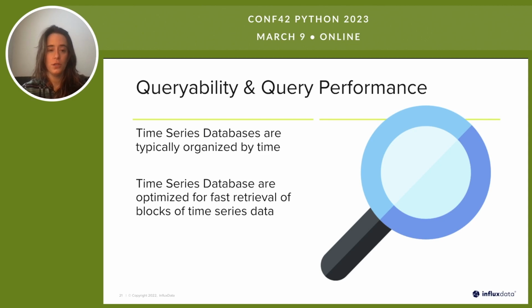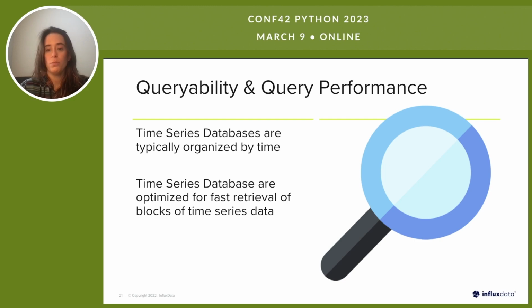So we also need to be able to prioritize queryability and query performance. Time series databases are typically organized by time. And when you query for data, you are typically interested in querying for a collection of data within a certain time range. Because time series database records are organized by time, time ranges of information are stored together, and therefore you're able to retrieve that data more quickly.